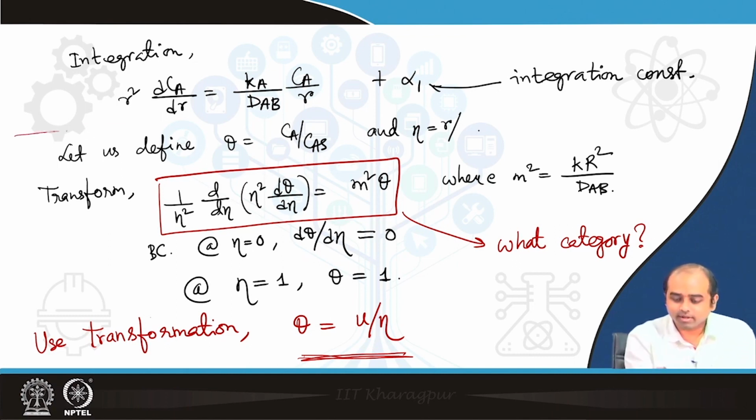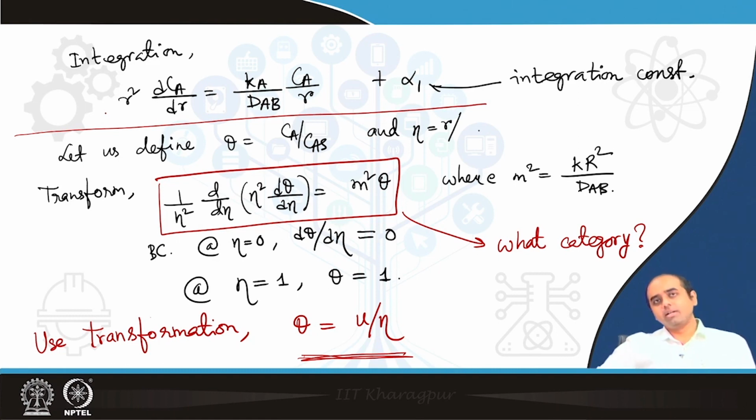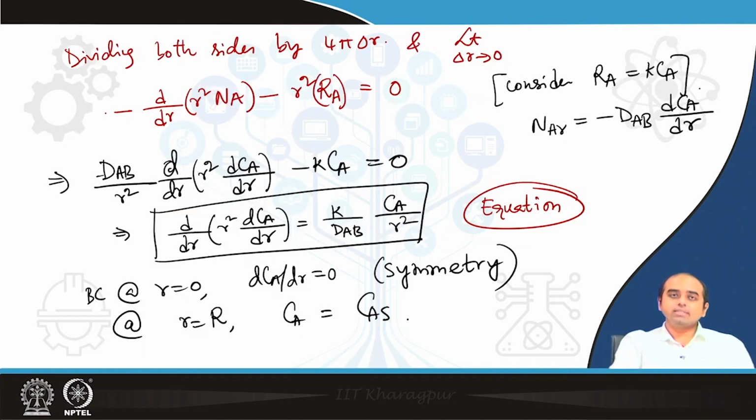So, whatever we tried to write here is not mathematically feasible, because it is not able to satisfy the conditions, or these conditions become unbounded at the boundary r is equal to 0, right, it becomes undefined. So, integrating this equation straight away may not help you to find the appropriate solution, right.